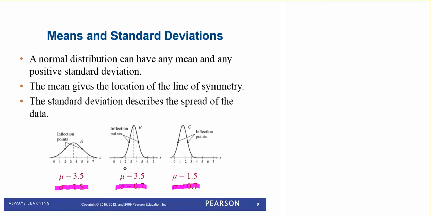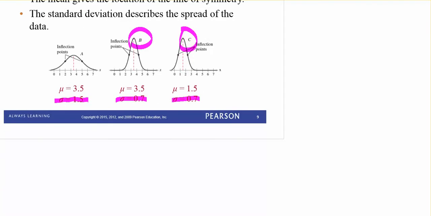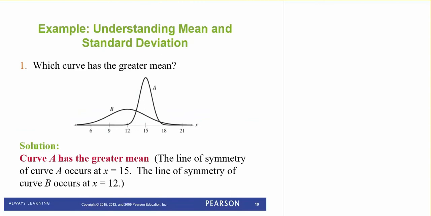The first two have the same mean, but the second one has smaller standard deviation, so you see that the curve is more compact and those points of inflection happen sooner. On this third one, the shape is exactly the same as in graph B because the standard deviation is the same, but the mean is lower, so we just see the whole graph shifted down. The mean gives you your line of symmetry, standard deviation gives your points of inflection.